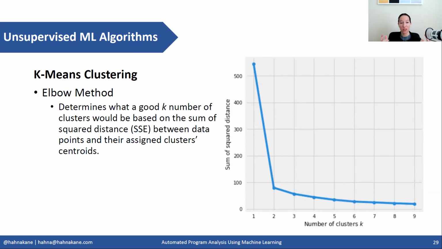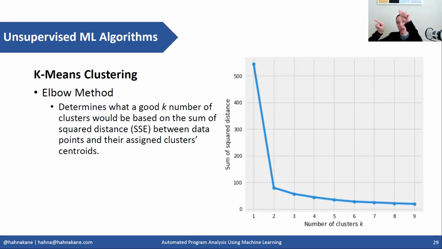So for k-means clustering, what is the optimal number of clusters that you should use? This is based on the sum of squared error, known as SSE, between data points and their assigned cluster centroids. What this essentially means is you're expecting a prediction of where things should lie on a graph, right?